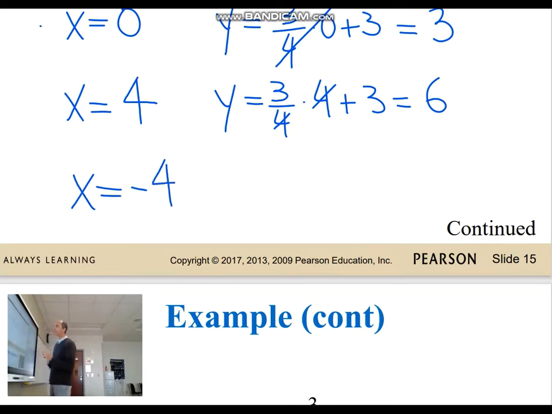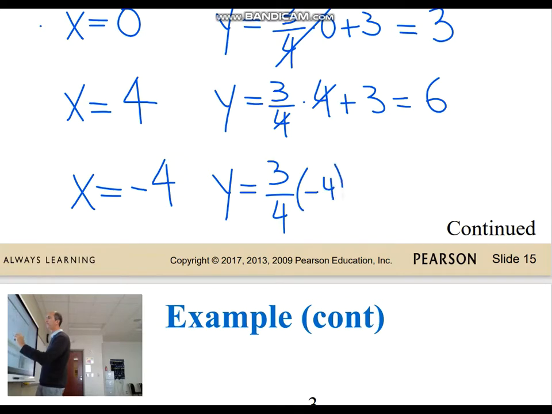We can use negative 4, and we also will simplify the fraction. 3 over 4 times negative 4 plus 3. Negative 4 divided by 4 is negative 1, times 3 is negative 3, negative 3 plus 3 is 0.